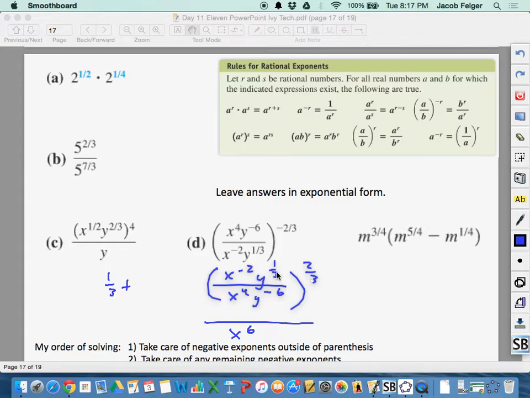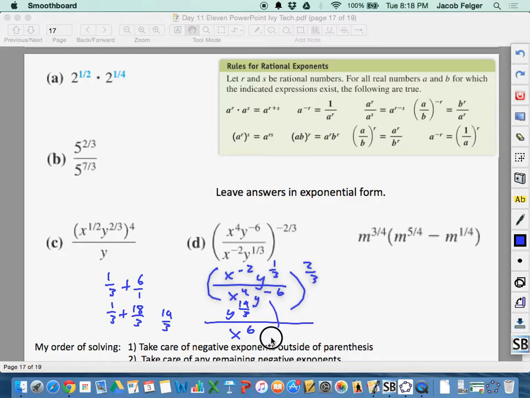What is 6 in thirds? 18 thirds would be 6. So we'd have 19 thirds, or 6 and a third is the same thing as 19 thirds of a y up top.